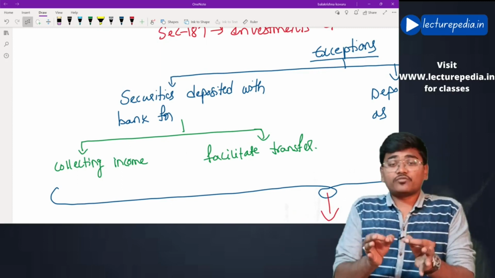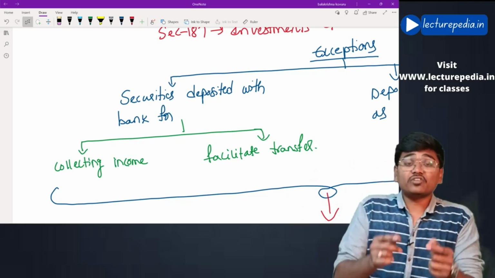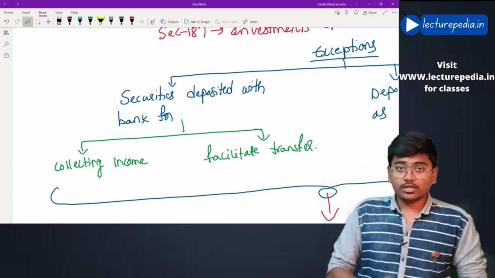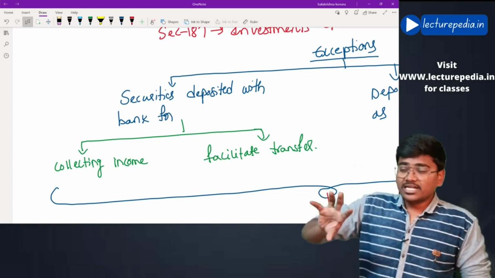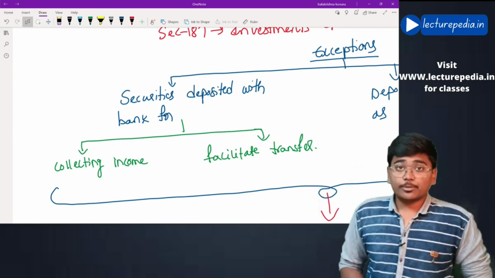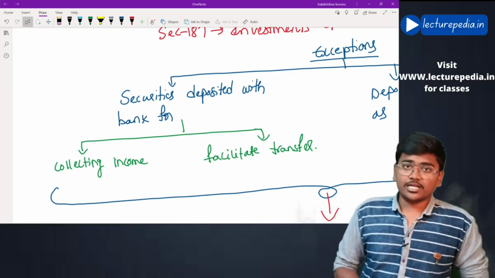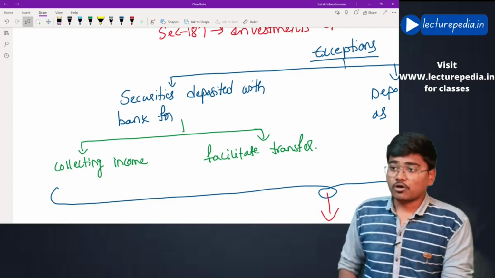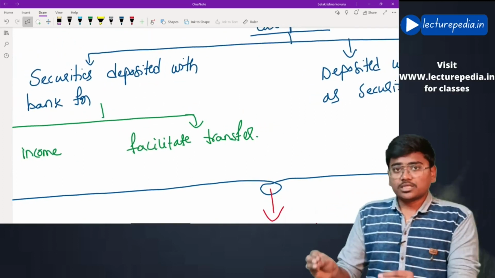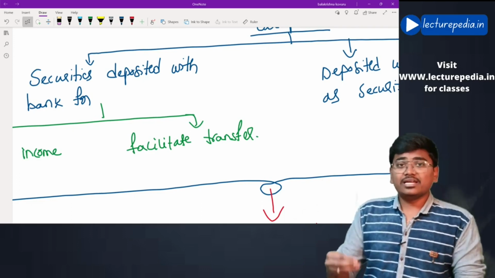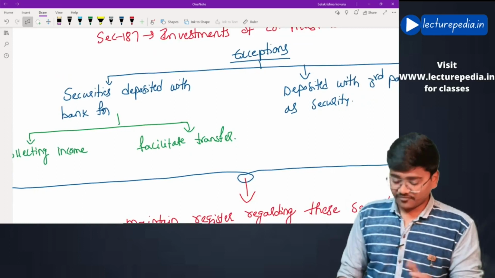That is one of the exceptions. In that case, such securities can be held in the name of the bank just for the purpose of collecting the income. Or let's say the company wants to sell the securities. For selling, it has to find a buyer. Thereby, it can take help of a financial institution or bank for finding the buyer. For such sole purpose of facilitating the transfer of securities, such investments of the company can be held in the name of the bank. Hope that is clear. This is the first exception.